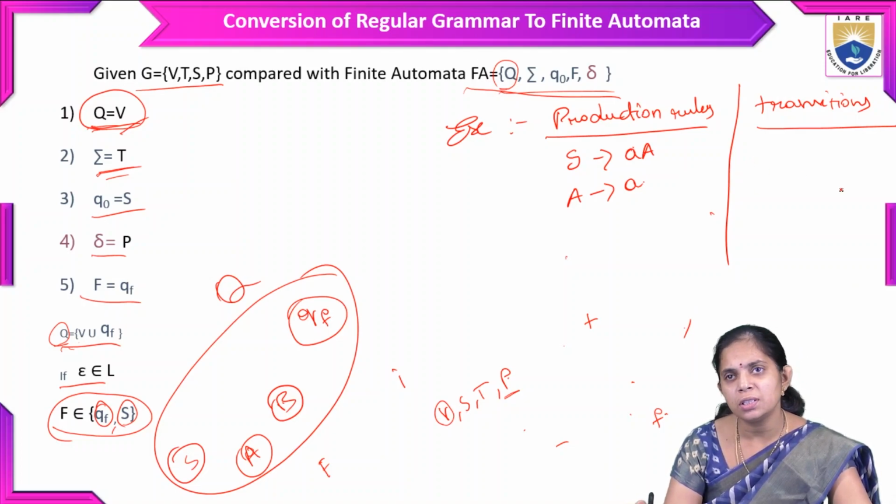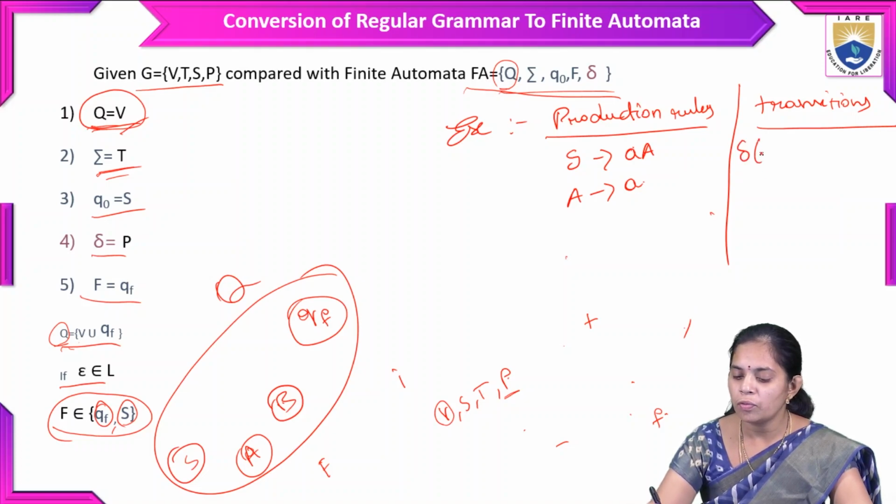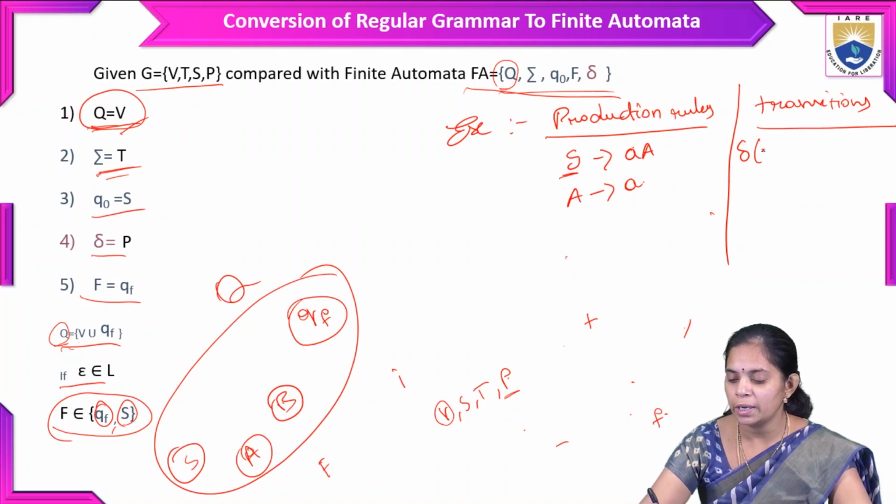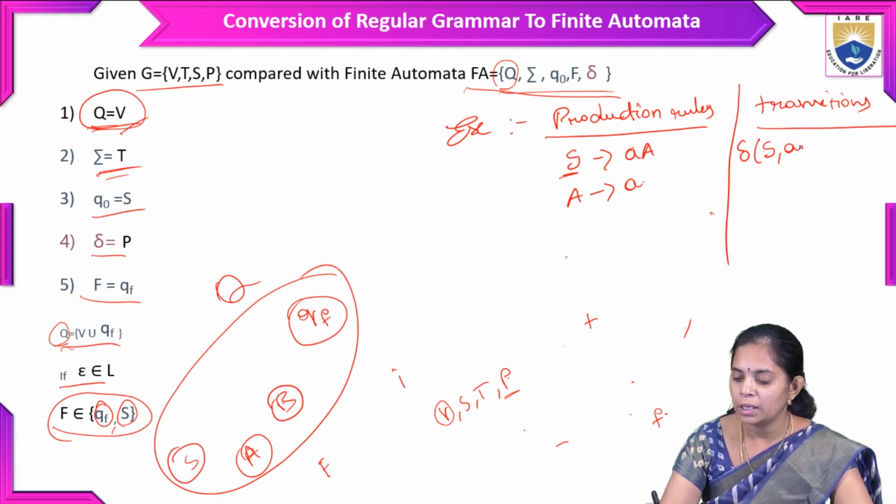The transition is represented with a delta. So delta of, the current state we need to take. The current state is S, and when we give a as an input, it is reaching the A state.